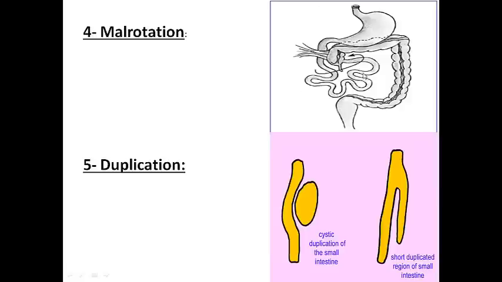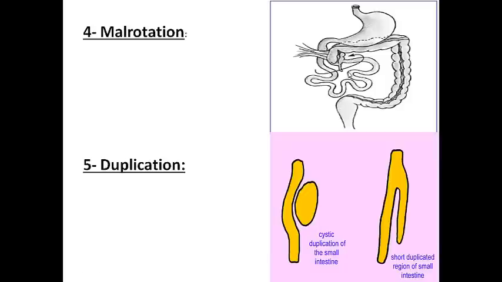This is going to be an illustrative picture of malrotation. And because you're going to have abnormal position of different intestinal structures, sometimes you can find the cecum in the left upper quadrant. And this is going to produce the fact that the intestines are more predisposed to volvulus. What is volvulus?